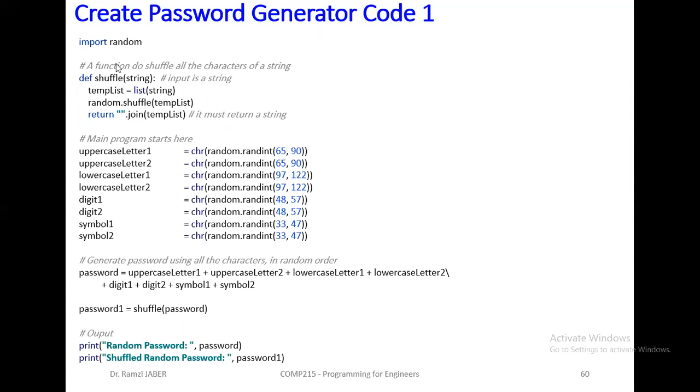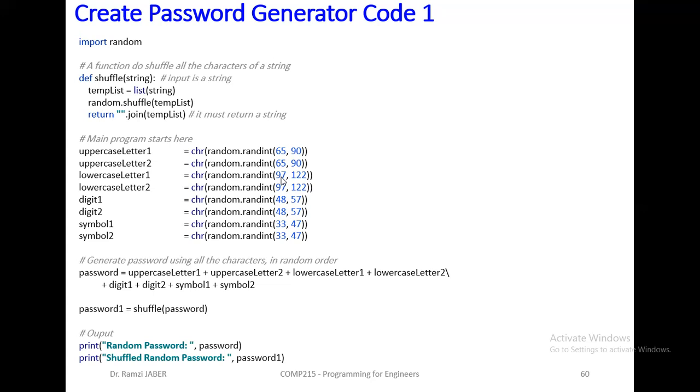So that's the function's job. Okay. Now I want to create uppercase letter 1 and uppercase letter 2, which are chars from random.randint from 65 to 90. That will give you capital letters.